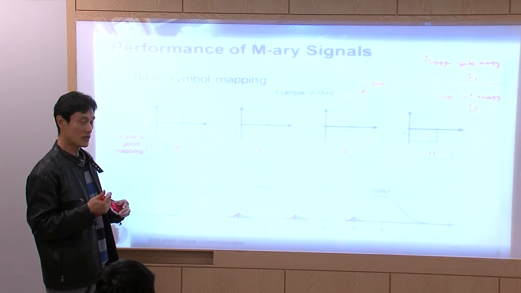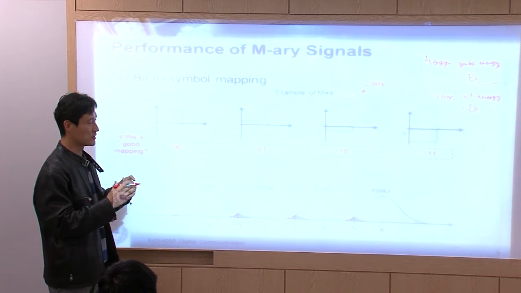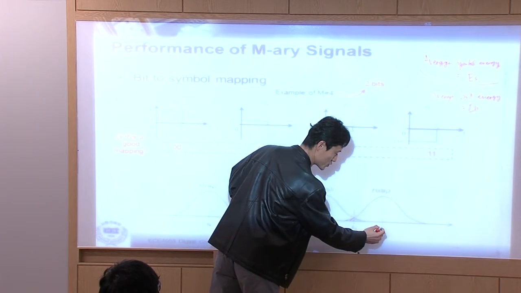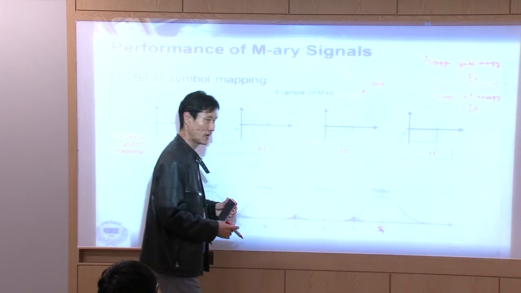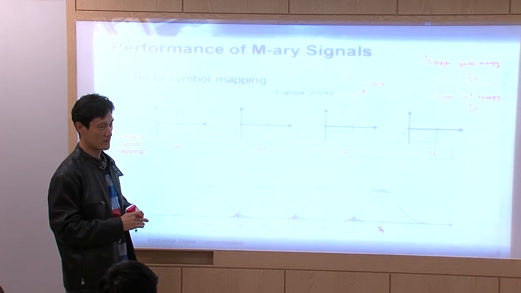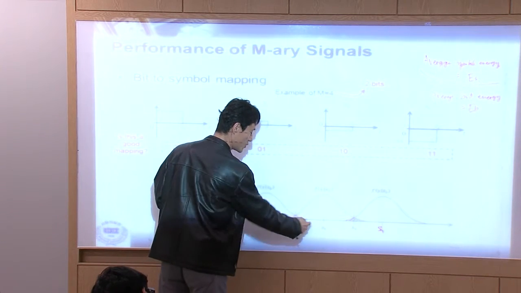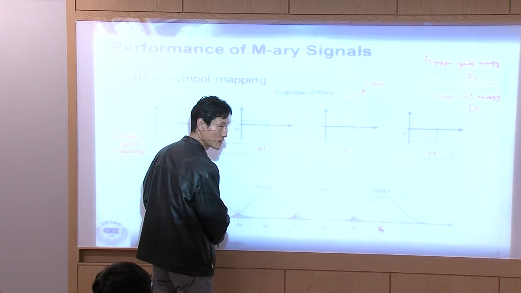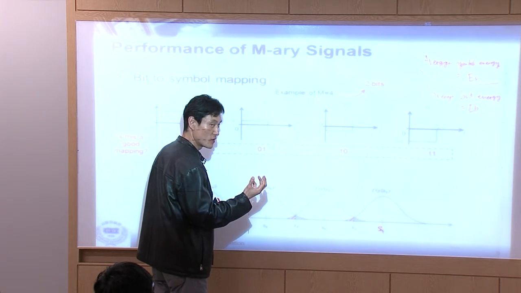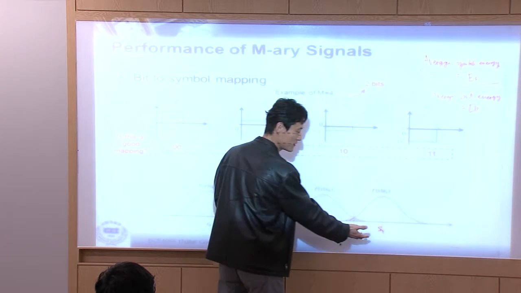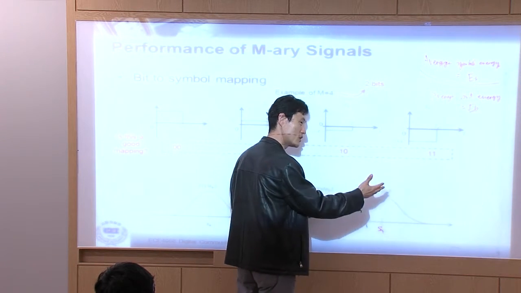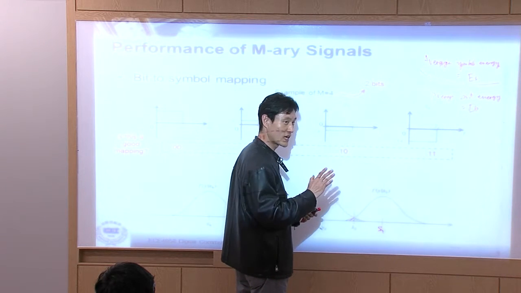Now, we like to think about the average error probability. Let's say you transmit S1, and there is an error. Which one has a higher probability? When you receive an error, you are not receiving S1. You transmit S1, you receive the same S1, that's not an error, right?